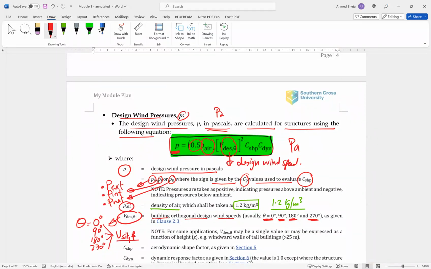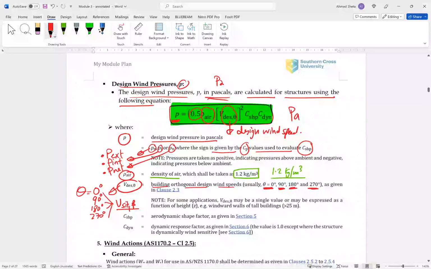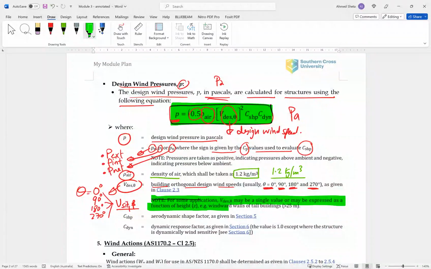That's why the calculation of wind takes a lot of time and effort if you calculate all the directions and all the wind speeds in real life. But for exam or assignment, we will not be required to calculate all these directions. We have to note that for some applications, V design may be a single value or may be expressed as a function of height, for example, windward walls for tall buildings more than 25 meters.